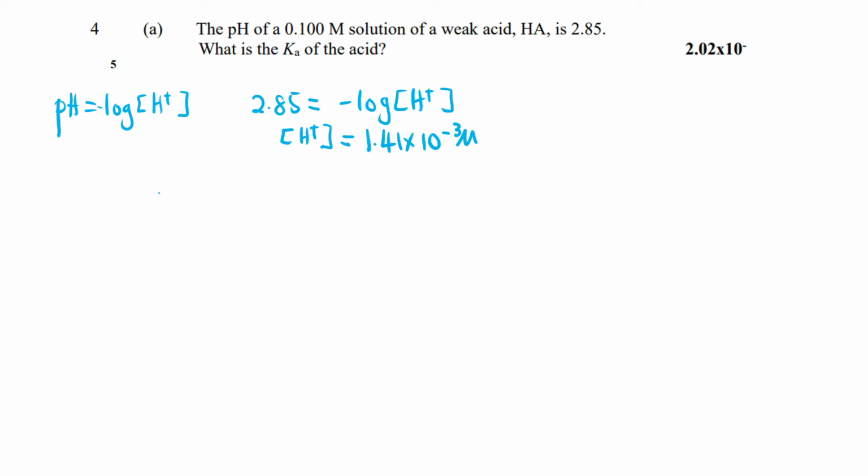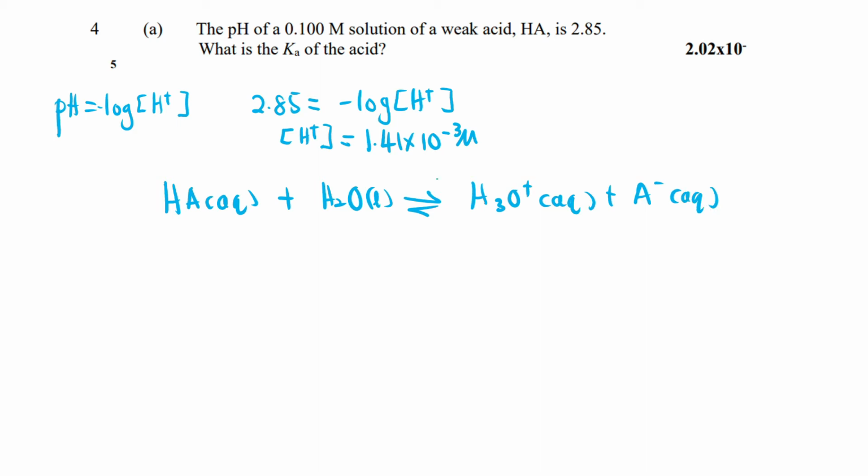Kita write the expression untuk HA, weak acid ini. HA aqueous. Jadi di sini saya nak pakai H2O liquid. So it will produce H3O plus, A minus. Okay, dia akan donate hydrogen kepada H2O sebab dia adalah acid.